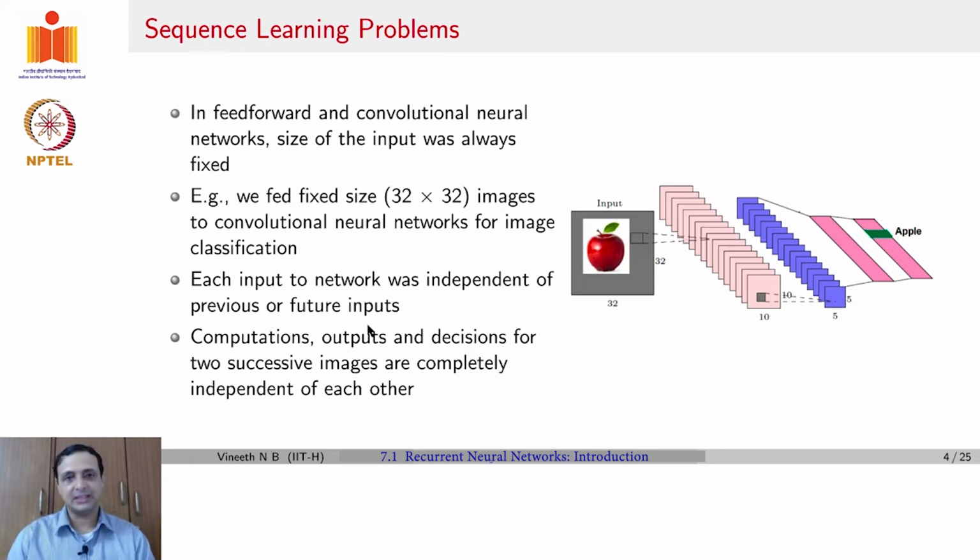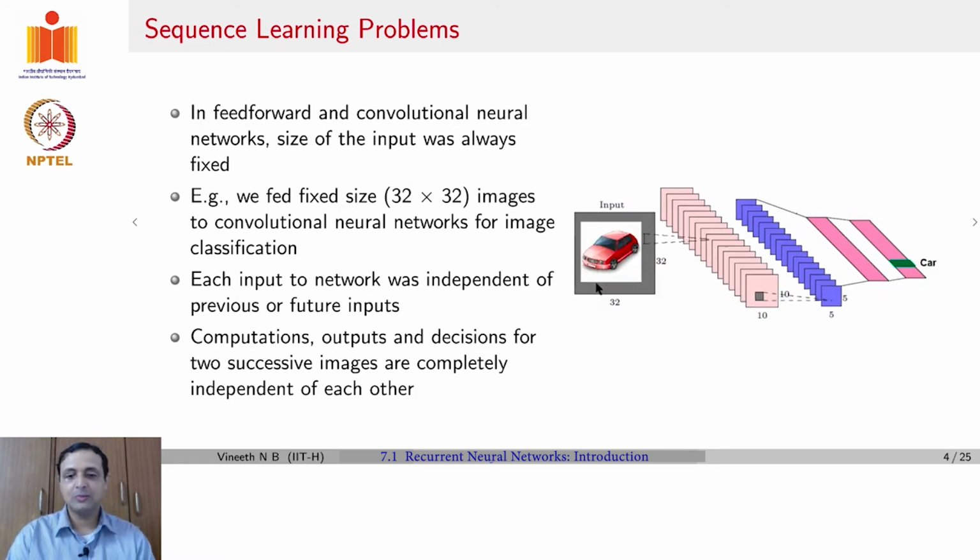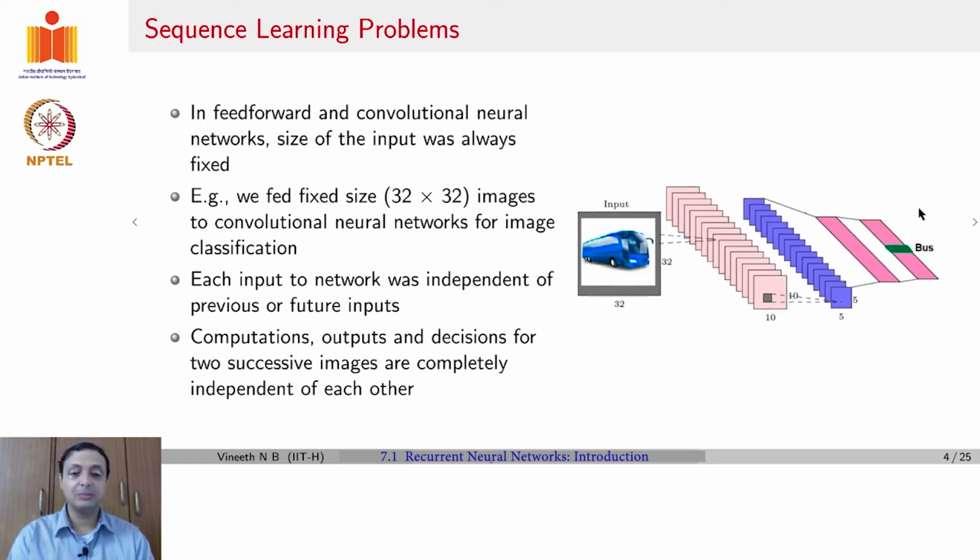If we have a dataset of images, we assume that each image in the dataset is identically independently distributed, which means that irrespective of which order you provide these images in, your model is likely to learn the same prediction function at the end. So irrespective of the input being, say, this image or this image or this image, obviously the class label changes, but nothing else changes in the model parameters or the architecture.